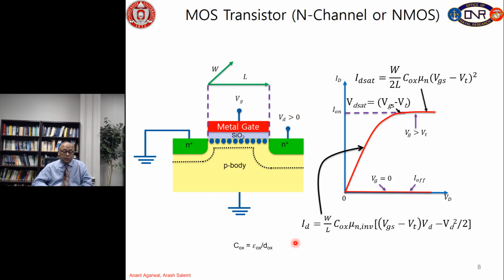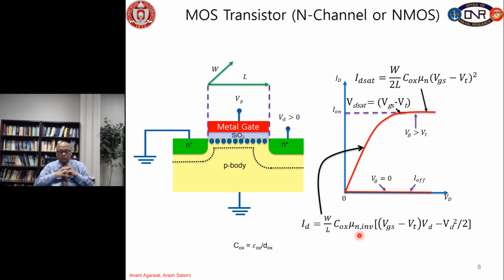So, you can see that if we make W larger or L smaller, the current is going to increase. If we make the oxide thickness smaller, which means we increase the oxide capacitance, the current is going to increase. And if we increase the inversion layer mobility, then the current is going to increase.